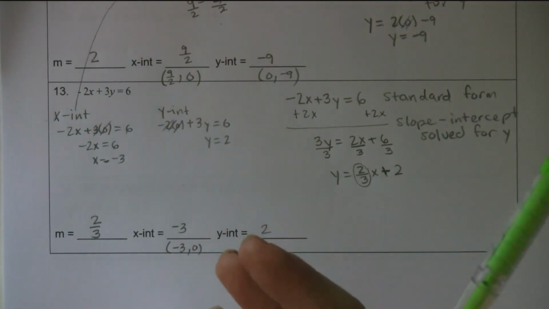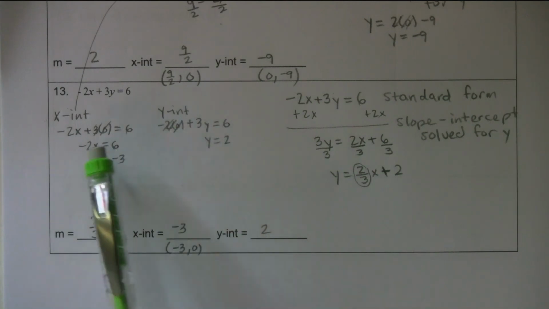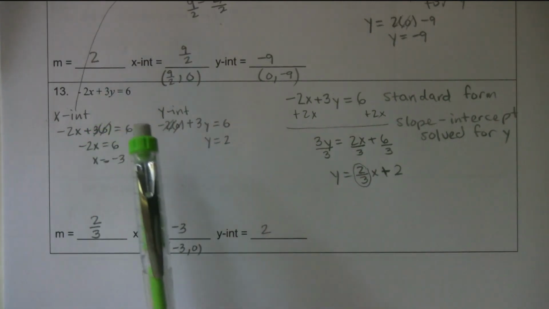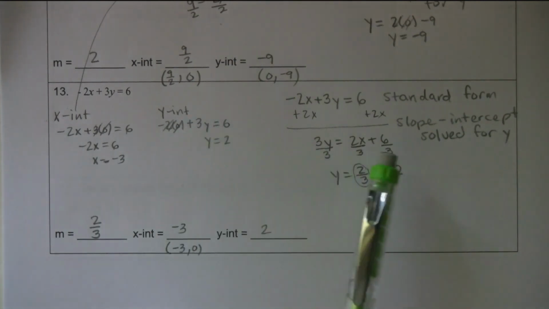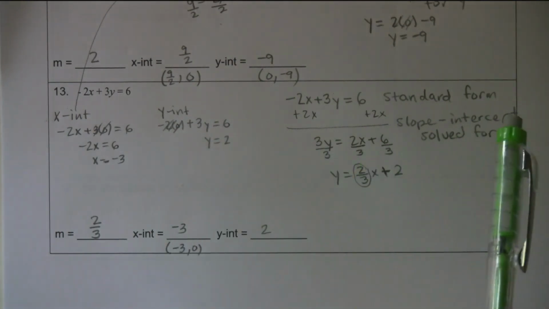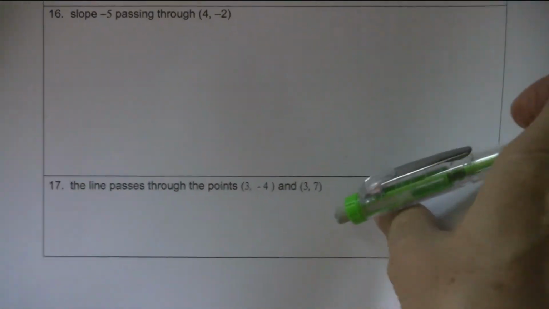So if they've given me the equation in standard form, I just want to leave it alone and find it. The x-intercept is definitely easier from standard form, but the y-intercept doesn't matter. It's easy from both forms. And the slope can only be found from slope-intercept form. So there you have it on that.